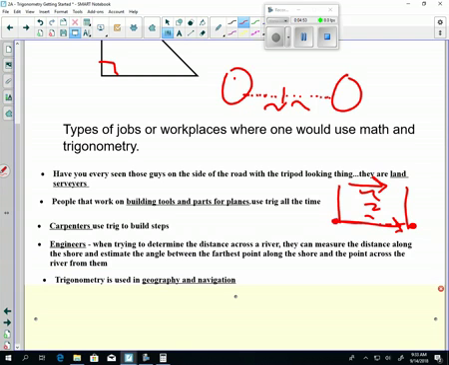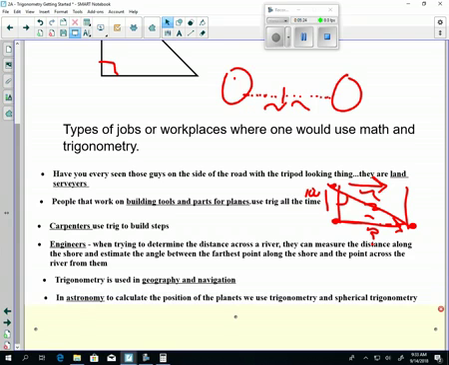Well, if you're standing here, all you do is go down the shore, measure that distance, say it's 100 feet, and you look right across to where you want to go. You measure that angle. You know this distance. You can use trig to find out what this part is. So once you know one side and one angle, you can always figure out another side and another angle. That's what's important, how important it becomes to use trig.